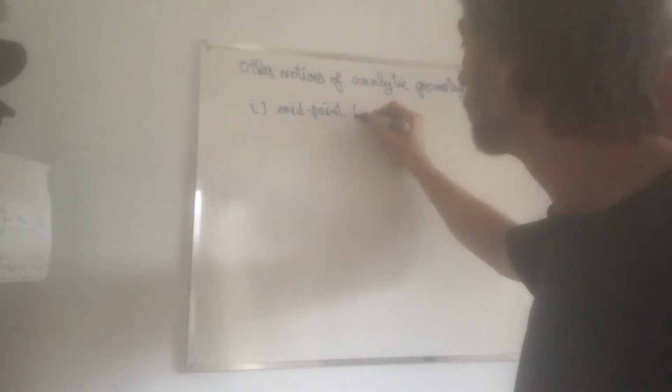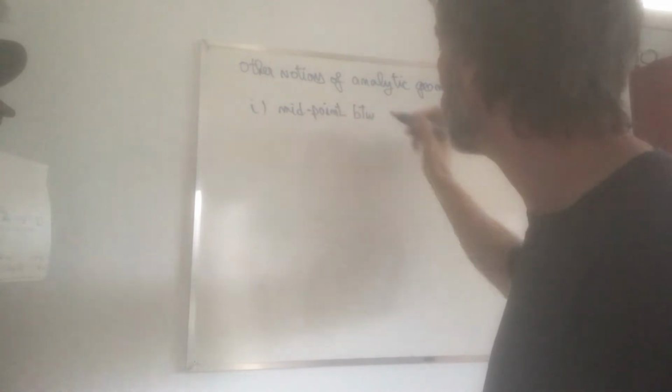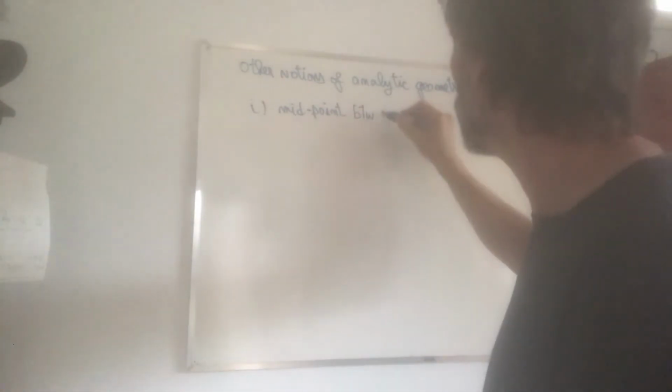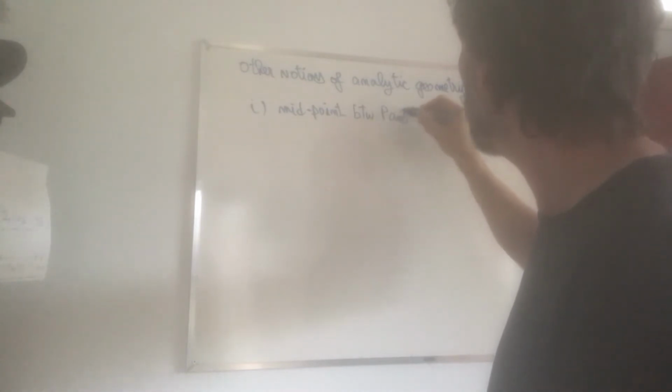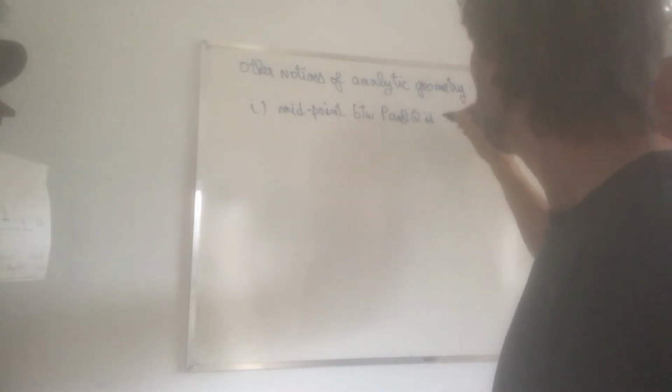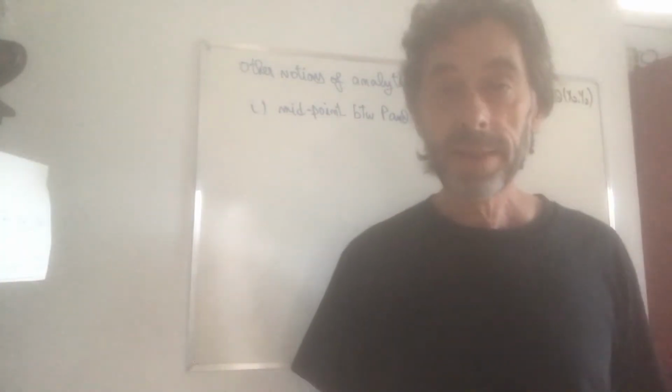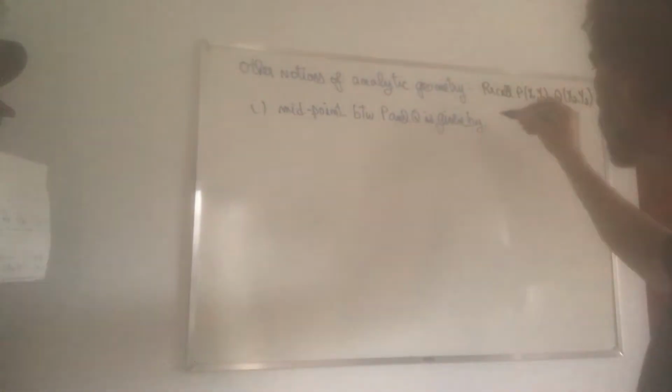If you recall this, then the midpoint between P and Q is given by the following formula. You might remember that the midpoint is what's halfway. The best way to find halfway is to find the average.